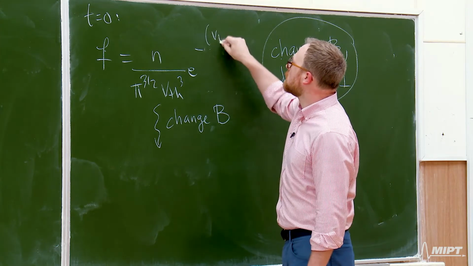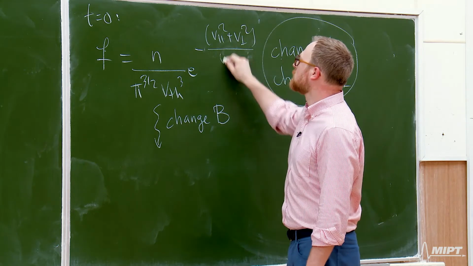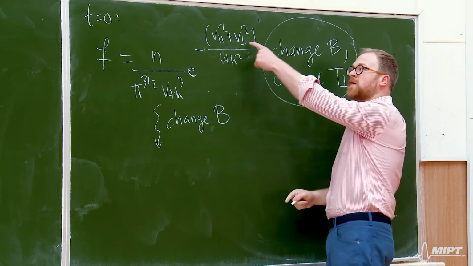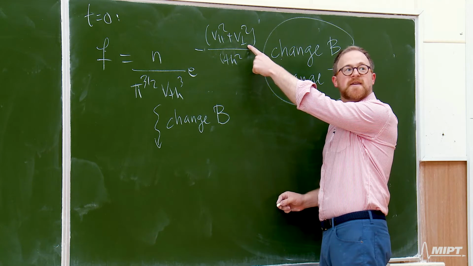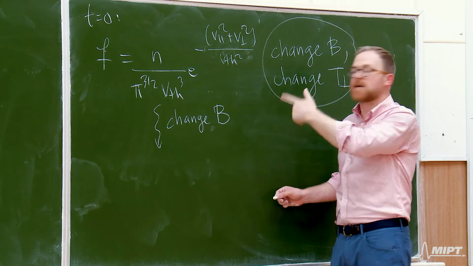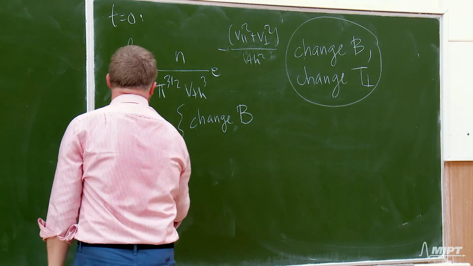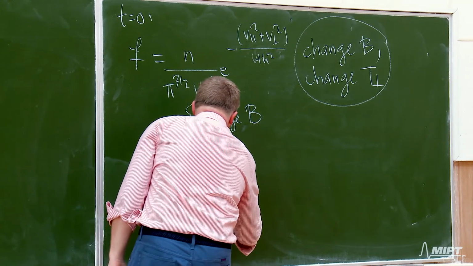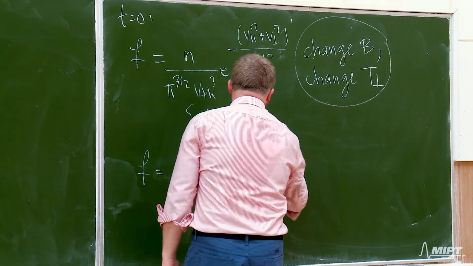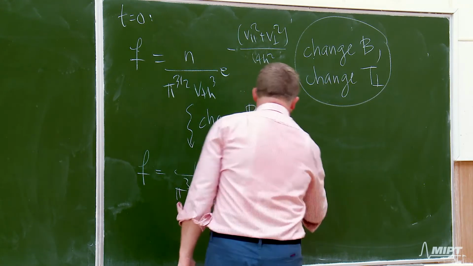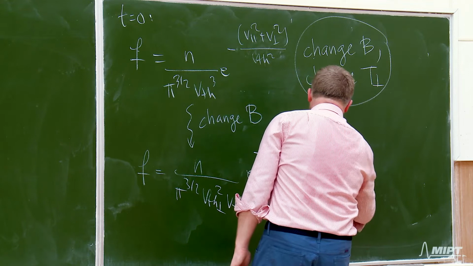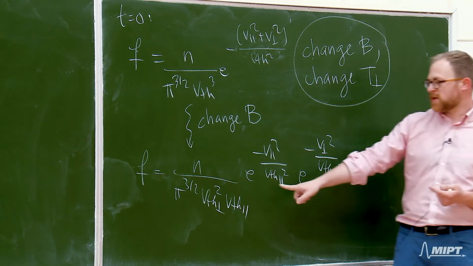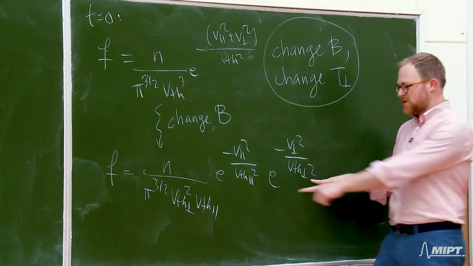So another way to write this, because there's a magnetic field involved, is like this. I just split V into V parallel squared and V perp squared. Now I know that V perp squared has to adjust because I've changed B. And what happens is you get a distribution function which looks like this. It's called a bi-Maxwellian. So it's Maxwellian in the two directions, but you see the temperatures are different.